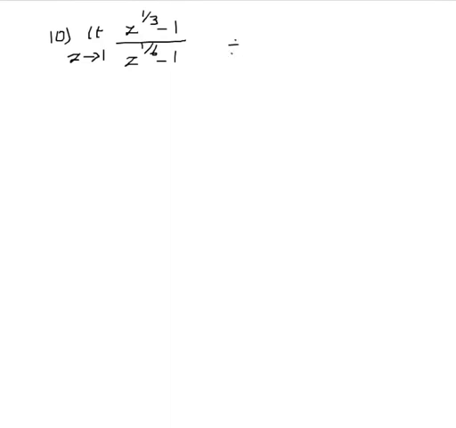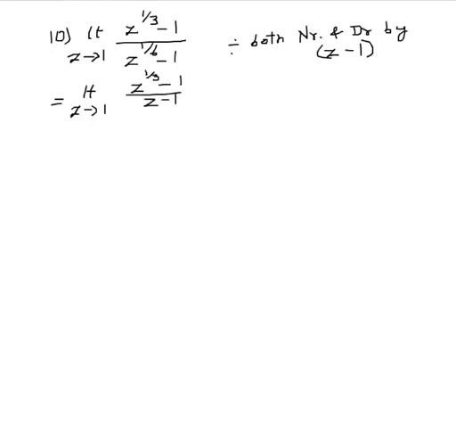I am going to divide both numerator and denominator by z minus 1. It becomes limit z tending to 1 of z raised to 1 by 3 minus 1 by z minus 1. Similarly, the denominator becomes z raised to 1 by 6 minus 1 by z minus 1.